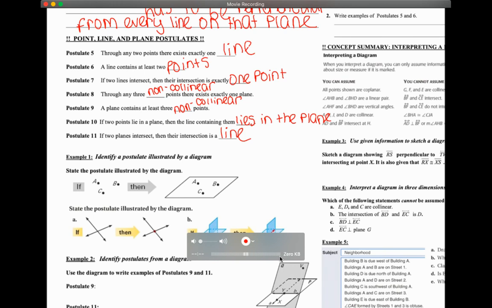So we see in that first illustration, we have 3 points that are non-collinear and they're showing that they're on a plane. So that would have to be postulate number 8, because through any 3 non-collinear points, there exists exactly one plane. So that's postulate 8.